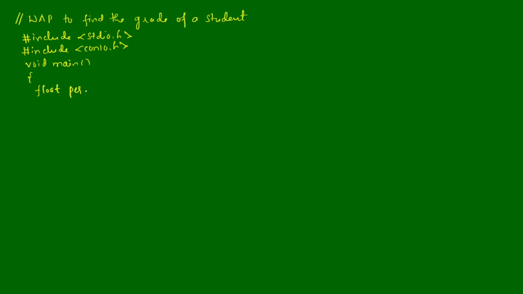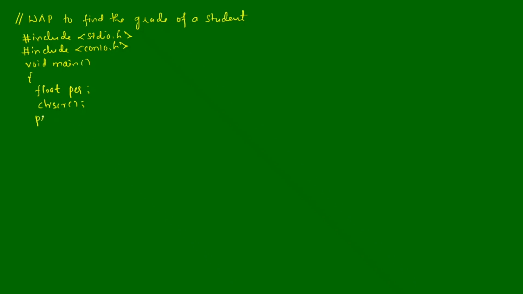I'm going to write per is a variable of type floating point, and it will hold a real number because percentage is a real number. Here I'm going to put a semicolon. I'll write the clrscr function, which is used to clear the screen, and this is completely optional. If you want to write it, you can write it, otherwise you can leave it.